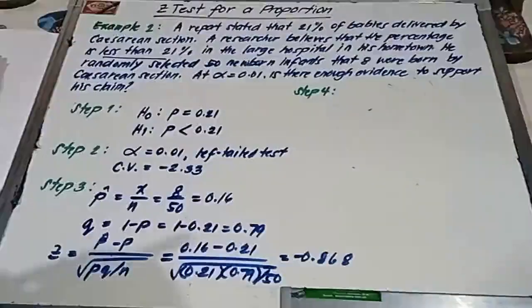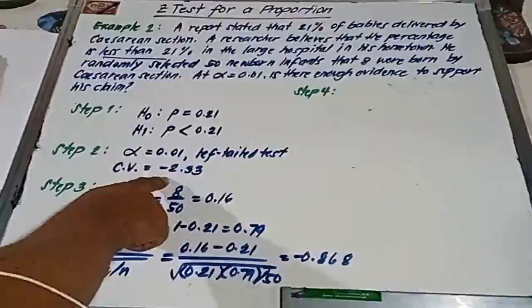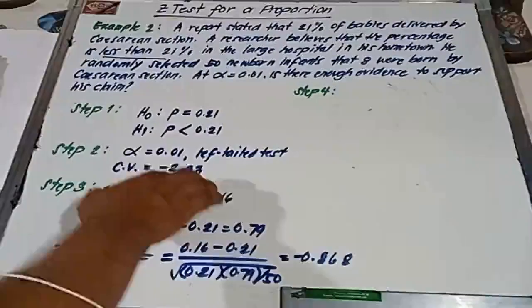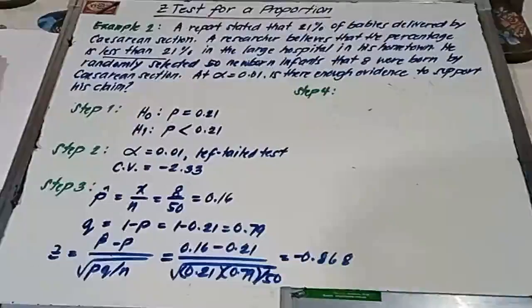Now, para dun sa step number 4, we're going to make a decision. Now, ang ating critical value is negative 2.33. This is greater than negative 2.33. Ibig sabihin, wala siya sa rejection region, nandun siya sa acceptance region. Okay?